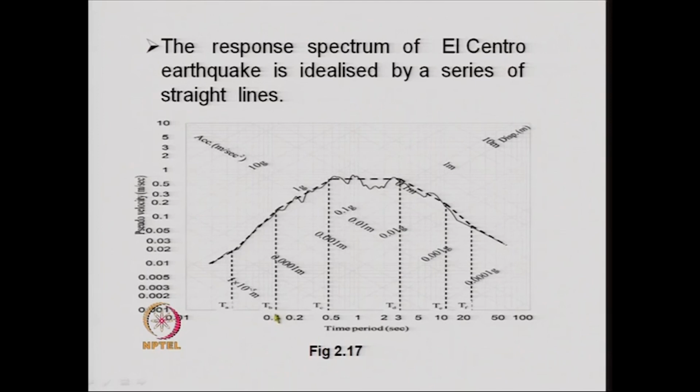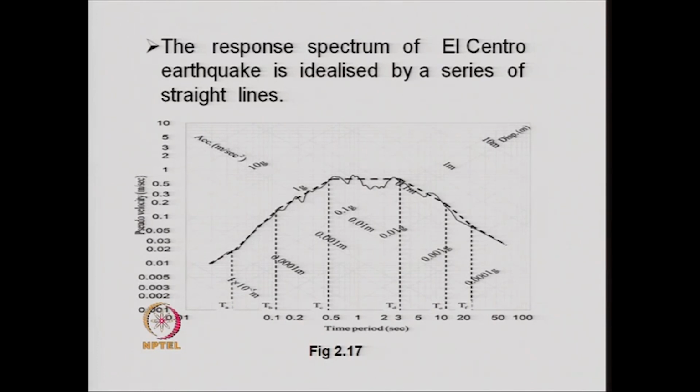Then from TB to TC we have another segment. Then from TC to TD we have another segment, from TD to TE another segment, from TE to TF another segment, and beyond TF we have another segment. So, these segments are represented with the help of these time periods TA, TB, TC, TD, TE and TF.